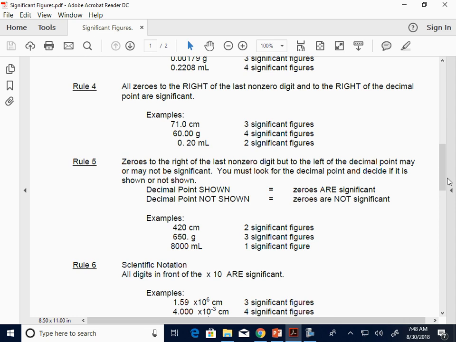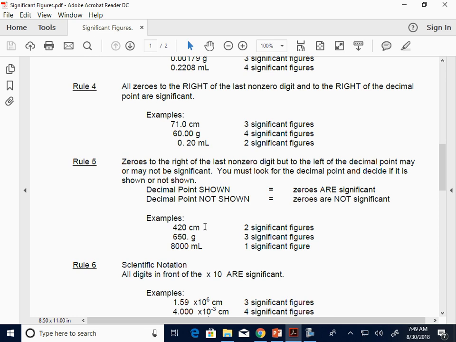Maddie, read rule number 5. Okay, so if we look at this one, 420 right here, that 0 is not significant. There's no decimal point there, so that is a placeholder.